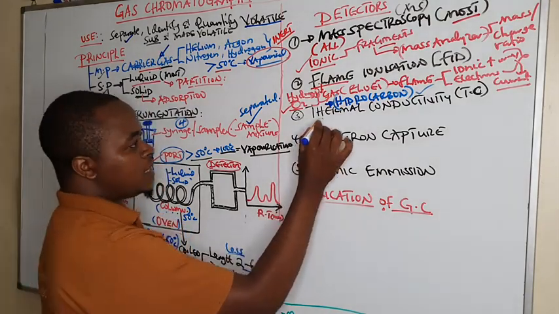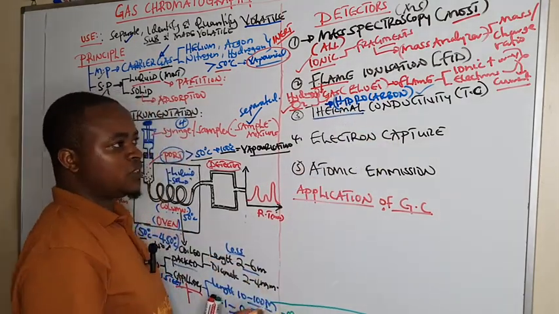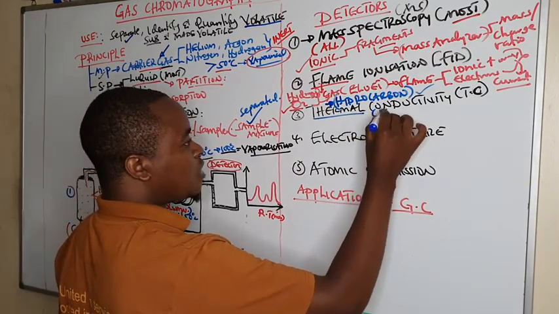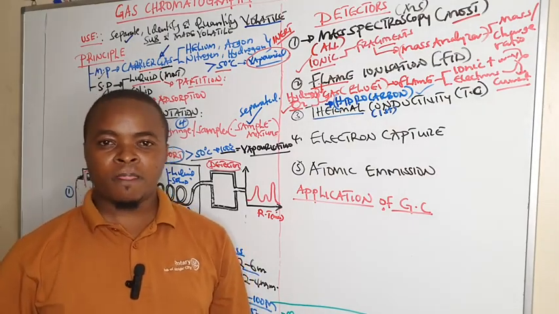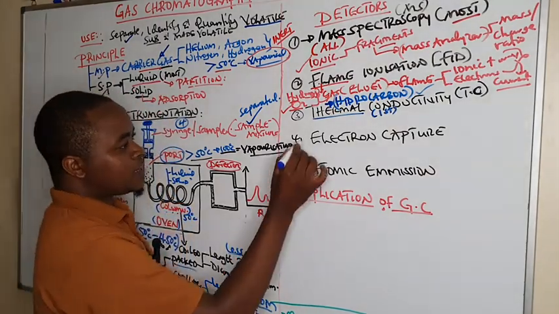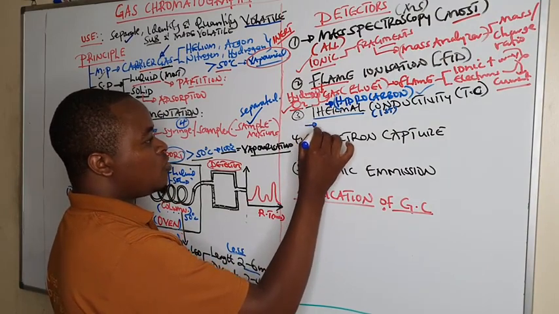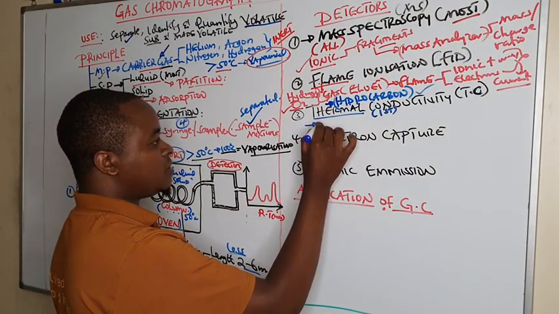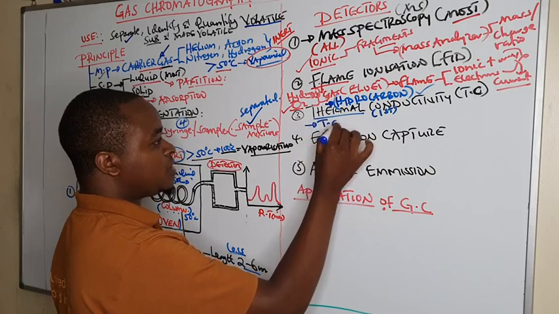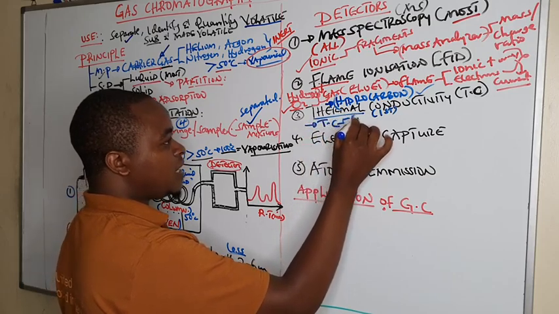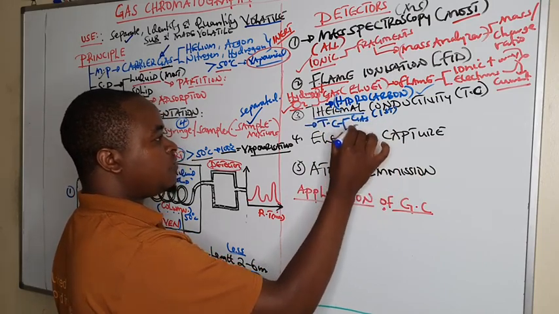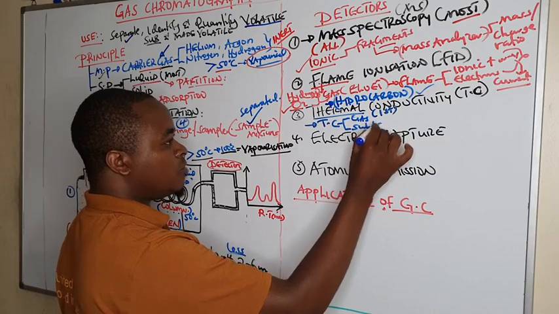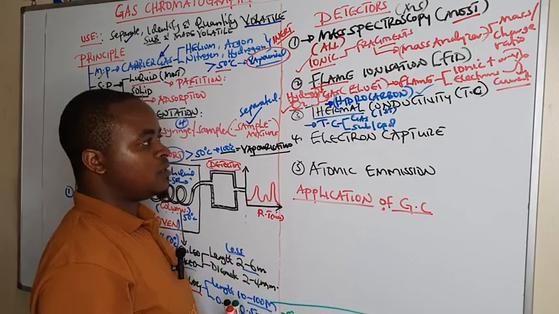Then the third one is thermal conductivity. This was the first one to be used in gas chromatography, whereby it depended on the thermal conductivity of the carrier gas and that of the substance or compound to be separated.